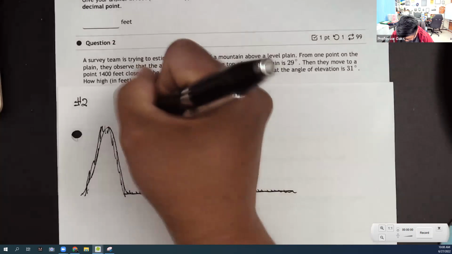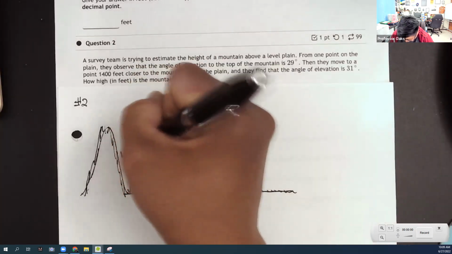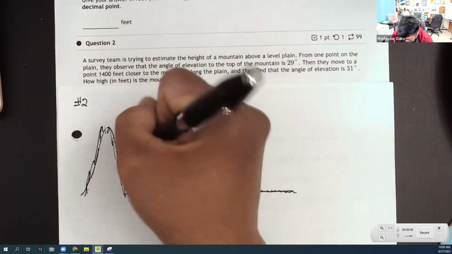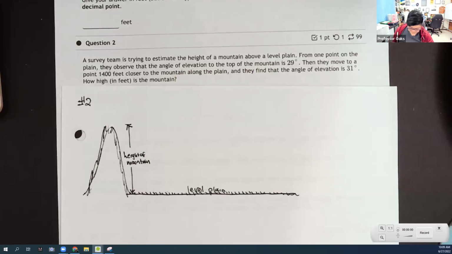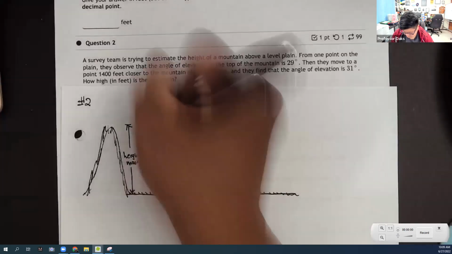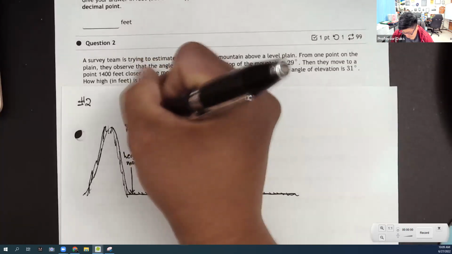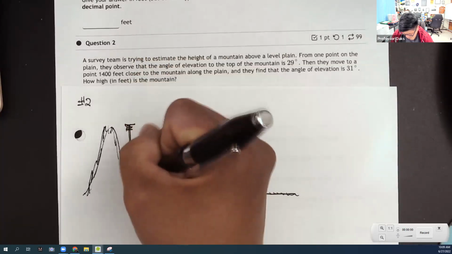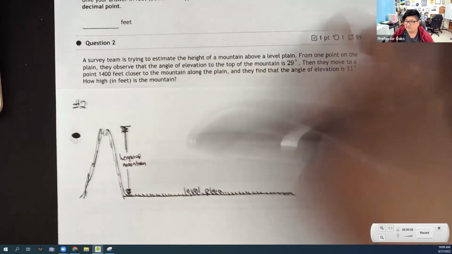So whatever it is, that's going to be the height of the mountain. The mountain itself isn't actually straight up, but you are taking the measurement straight up. So that's one bit of a distinction from the last problem.